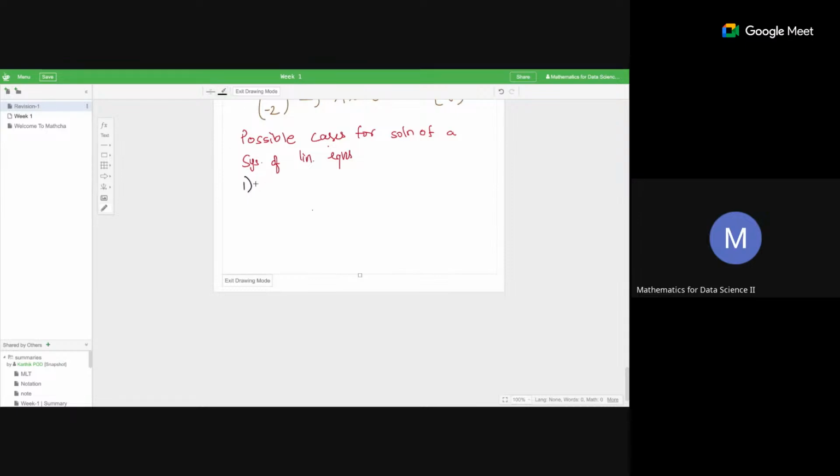First of all, maybe I'll split it into only two cases: consistent and non-consistent. What does this mean? Solution exists, and solution does not exist. So the solution may or may not exist.